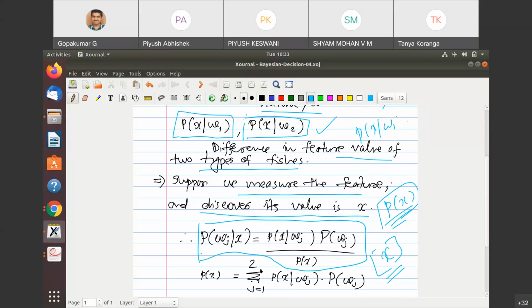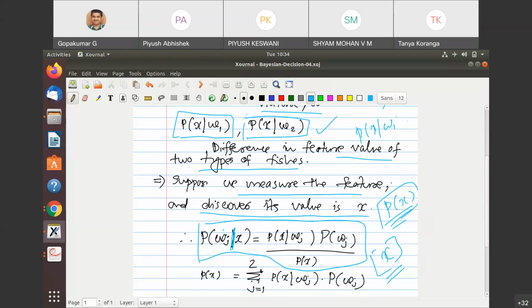So what we are looking for is the probability of wj given x. That means if a feature or a feature vector is given, then we have to find out what wj is, whether it is w1 or w2 or w3.